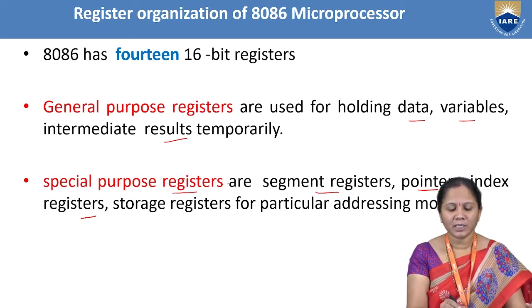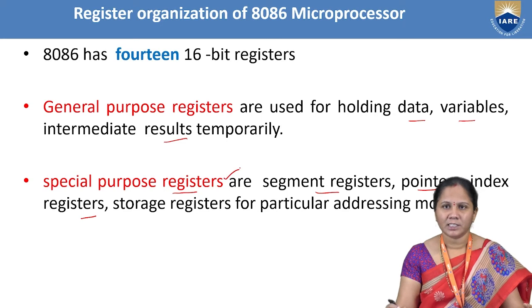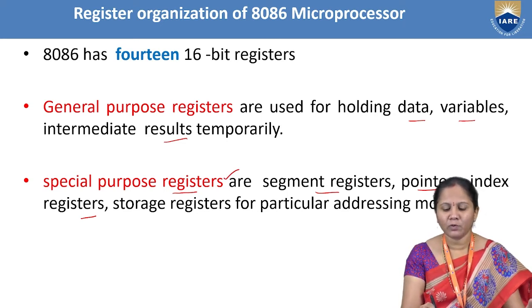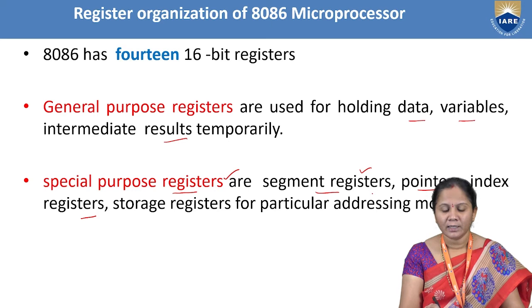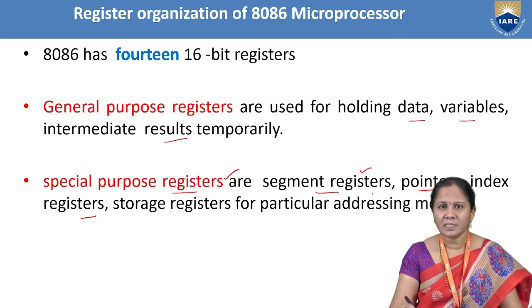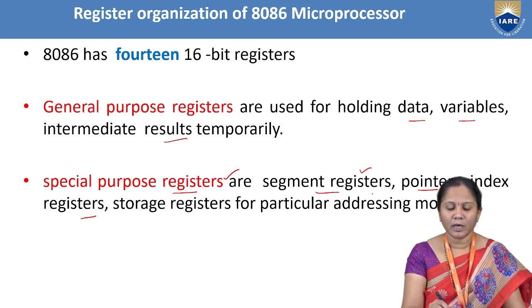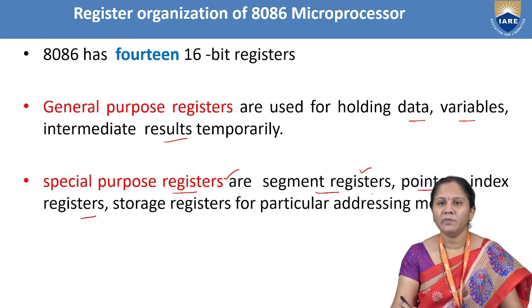The next classification is special purpose registers. In the register classification, segment registers, pointer registers, index registers all come under special purpose registers. That means they are used only in different cases.